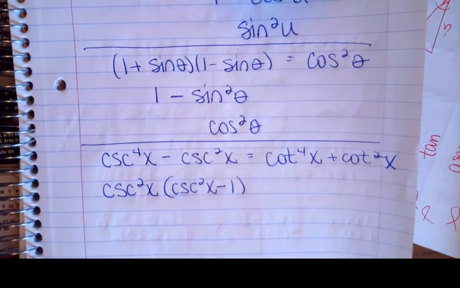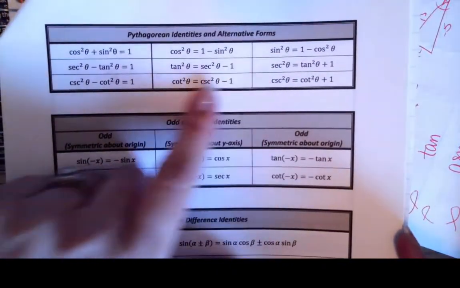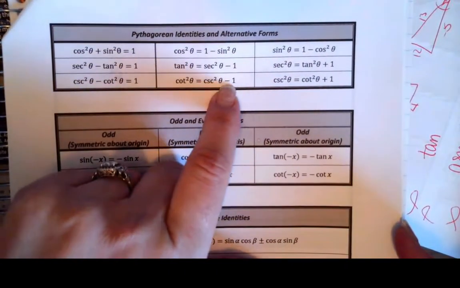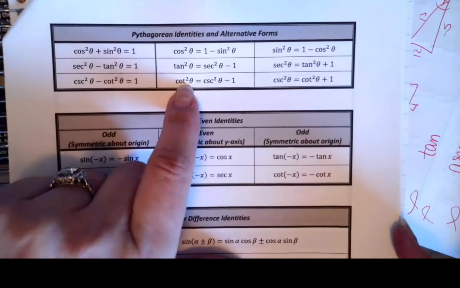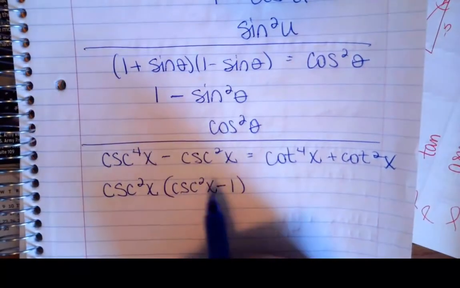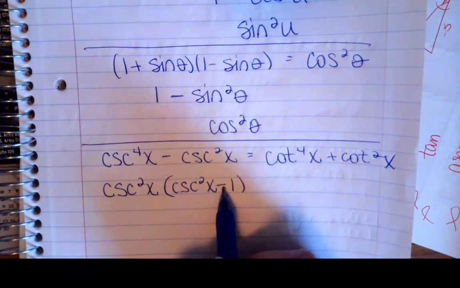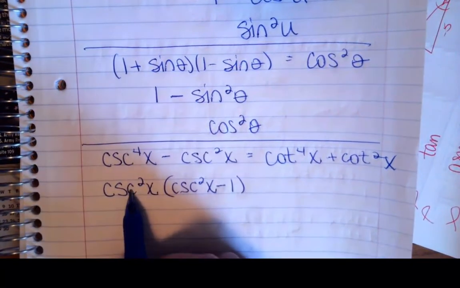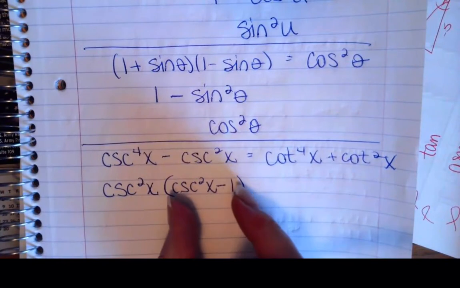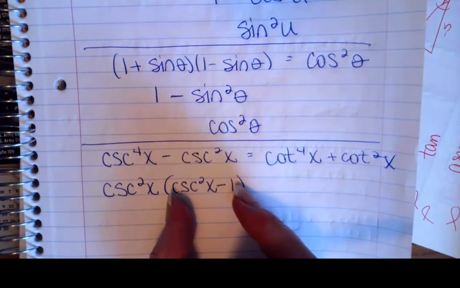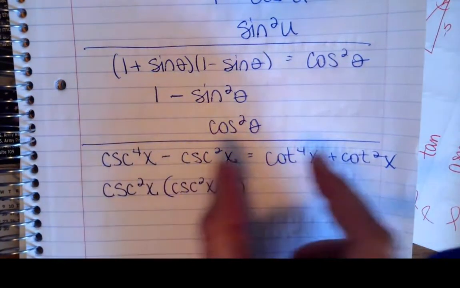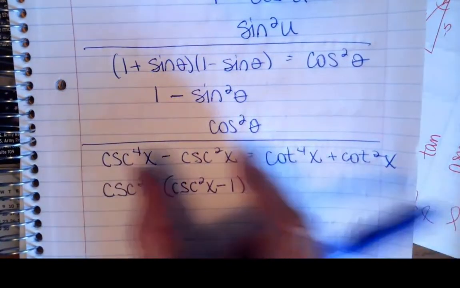If I factor out a cosecant squared, what do I get? Well, cosecant squared minus 1 is cotangent squared. So this thing becomes a cotangent squared. Or I can change this, because here's the deal. If you push this into a cotangent squared, then I want to keep the fact that I've got 2 different terms going.